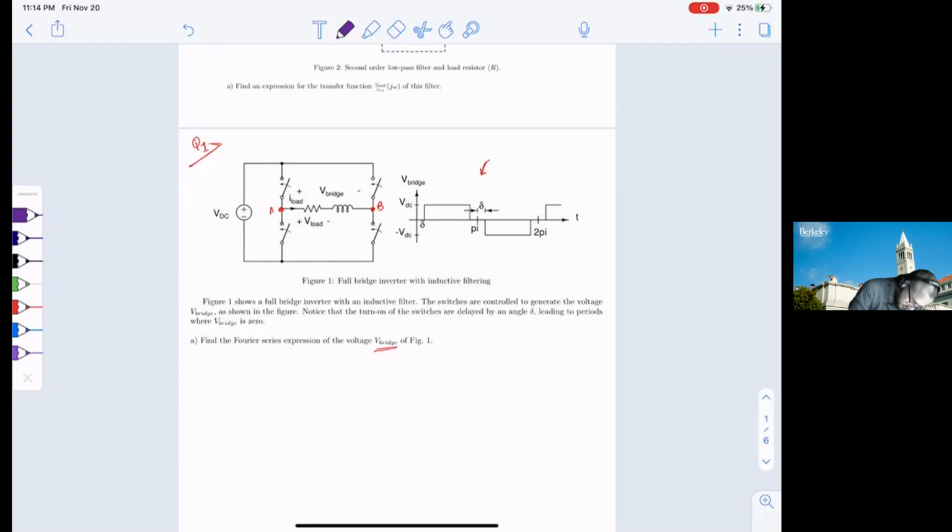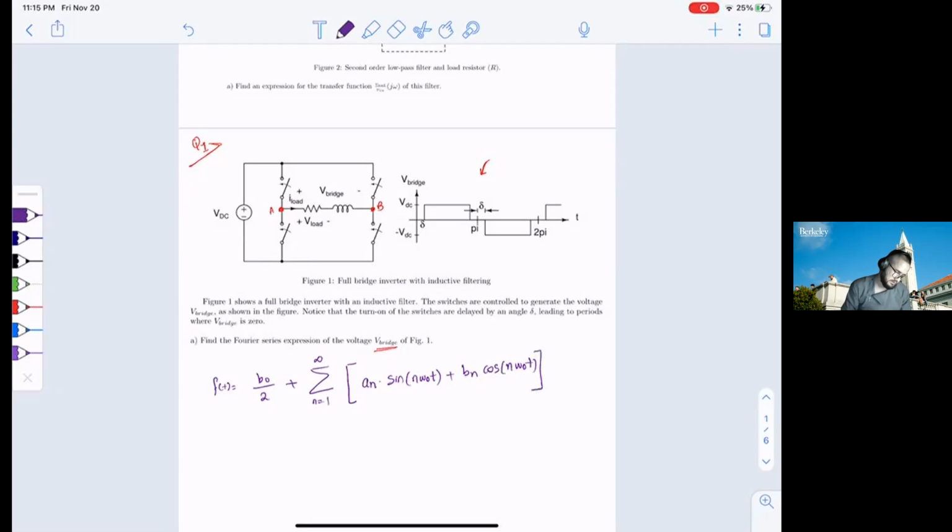It would be something like f of t is equal to a naught divided by 2 plus the infinite sum from n equals 1 to infinity of a sub n times sine of n omega naught t plus b sub n cosine of n omega naught t.